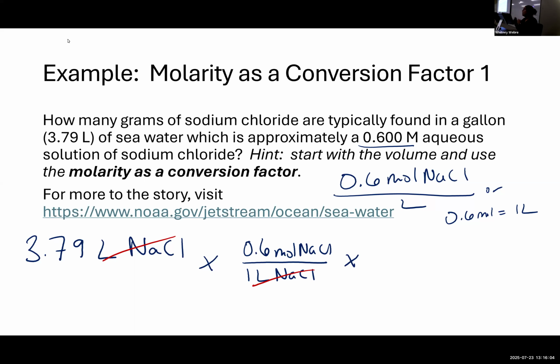And this is when you could break it up. You can equal this out and then move on. But if you want to put this all at once, if I go from moles to grams, I need the molecular weight of NaCl, which I think is 58.44 grams per mole.